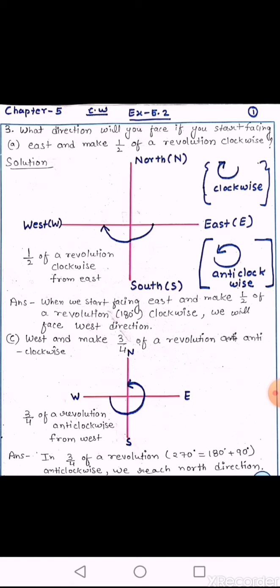In 3/4 of a revolution there is how many degrees? 270 degrees, and when we move 270 degrees we start from west and come to the north. So the answer is, in 3/4 of a revolution, 270 degrees we have to move, and 270 is equal to 180 plus 90 anti-clockwise. We reach the north direction.